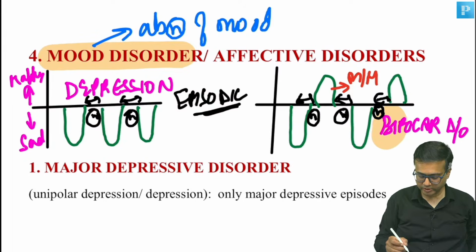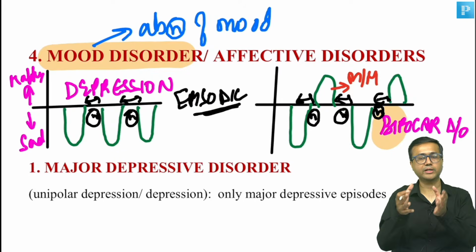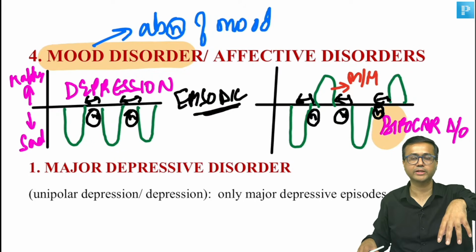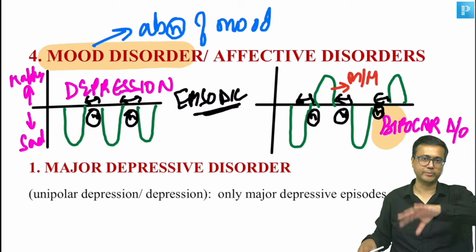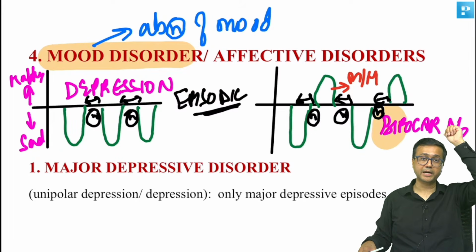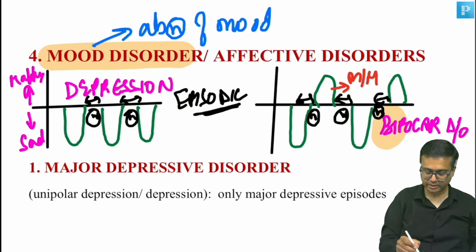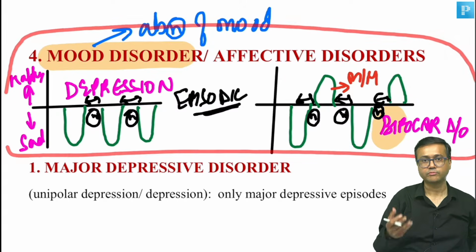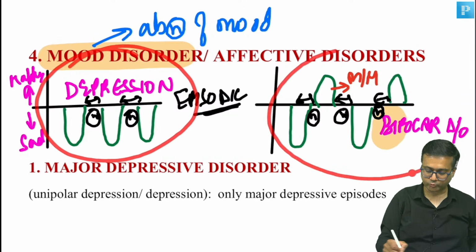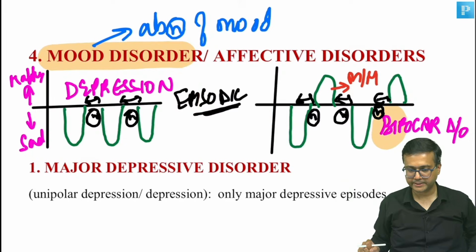So whenever, beta, you are seeing any patient in the MCQ, and they tell you that the patient currently has, let us say, depression or mania or hypomania, always see if there is any past episode, because that will change the diagnosis. Is this point clear to everyone, beta? This is a very important concept, and now we will understand what is depression and what is bipolar disorder. Is it clear to everyone?